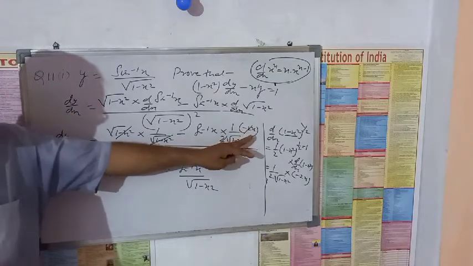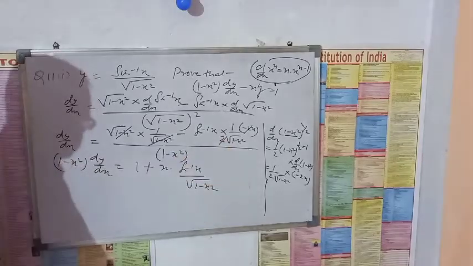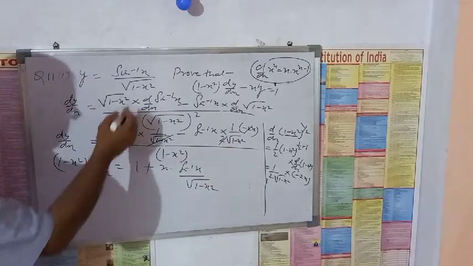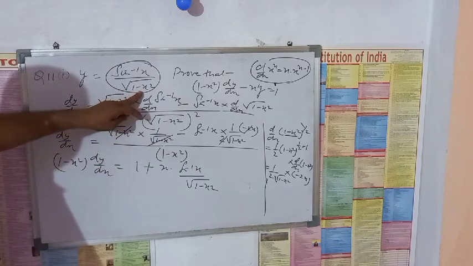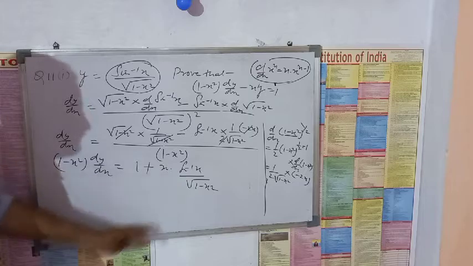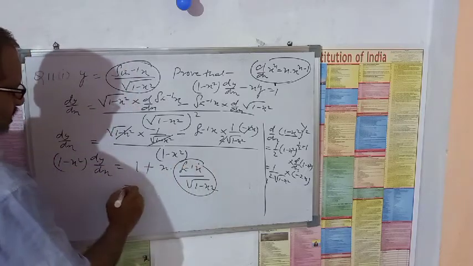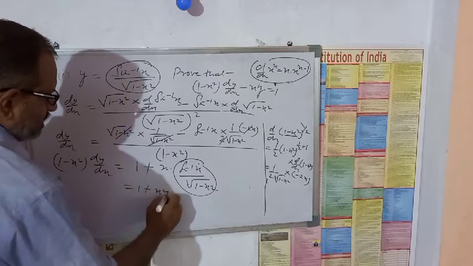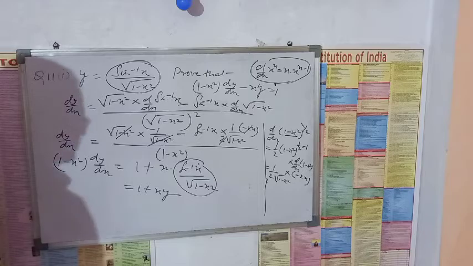See here, sin inverse x upon under root 1 minus x square is equal to y. So we can put here y. So this value is y. We can write 1 plus xy. Now transpose xy to the left side.